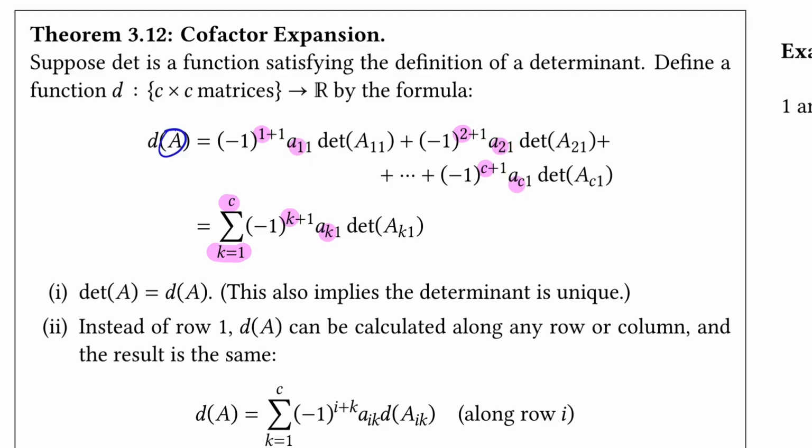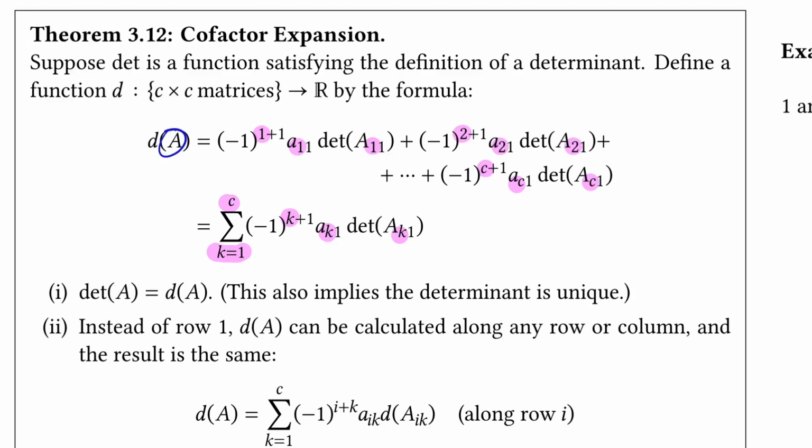And then we're also defining it in terms of these determinants of smaller matrices, where we're removing row 1, column 1 to get a smaller matrix, and then removing row 2, column 1, all the way up until we remove row c, column 1.